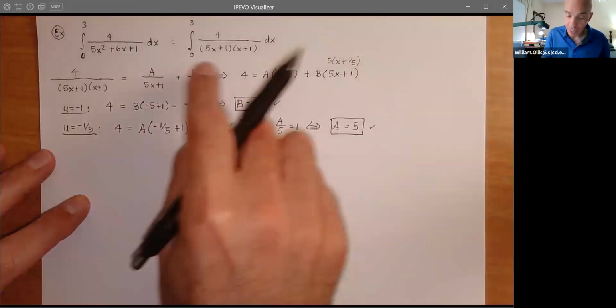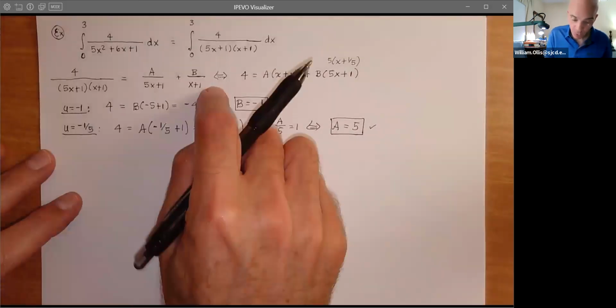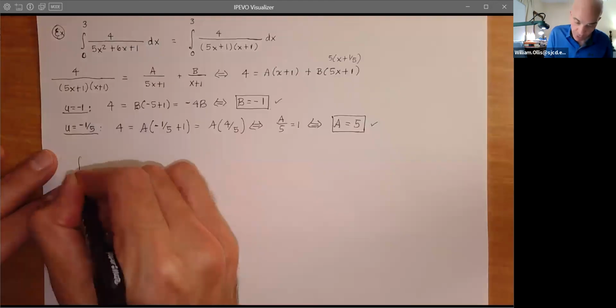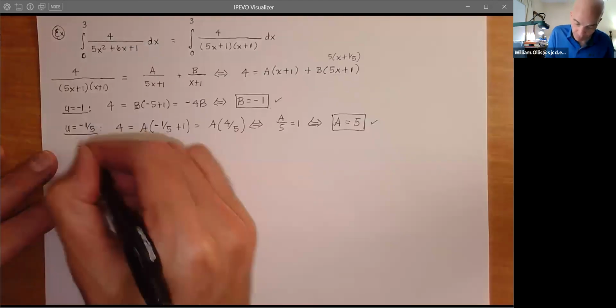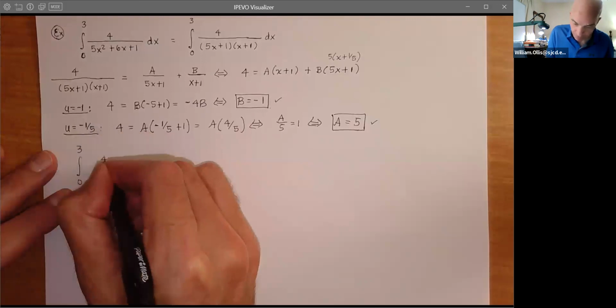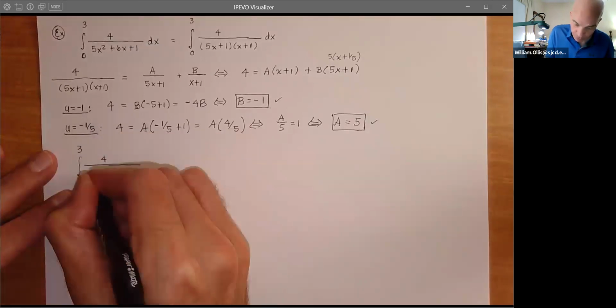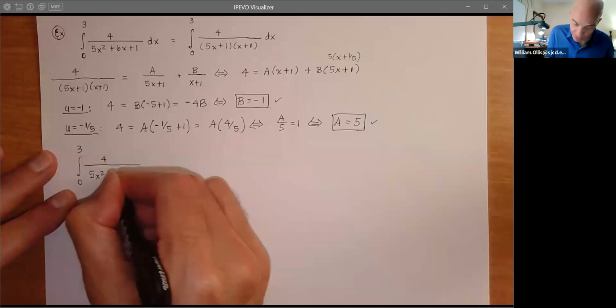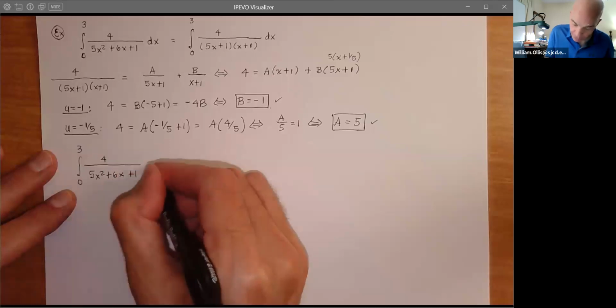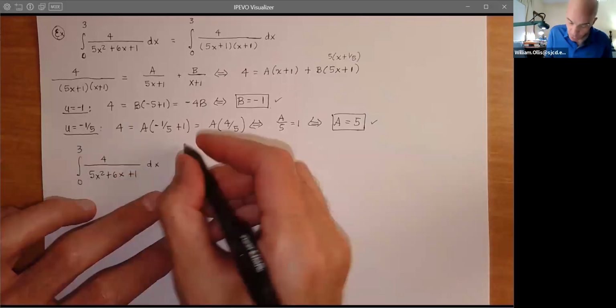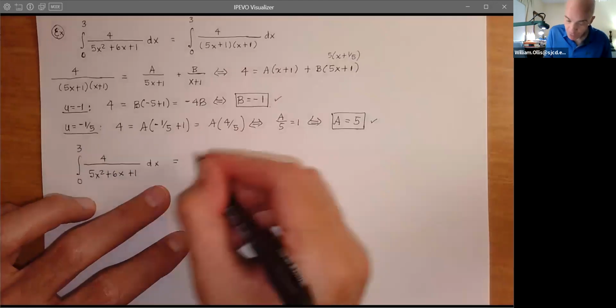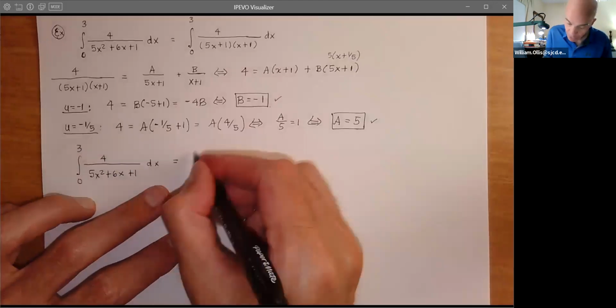So now let's go ahead and fill in our integral. So now we've got the integral from 0 to 3 of 4 over 5x squared plus 6x plus 1 dx. And now this is going to equal, we're going to fill this in, a is 5, so we have the integral.